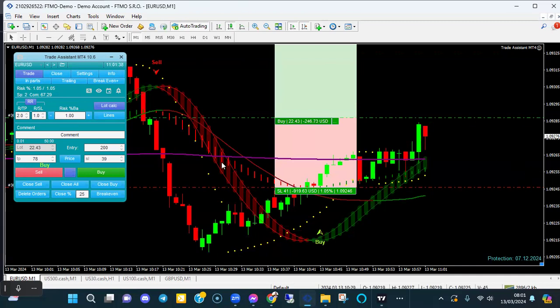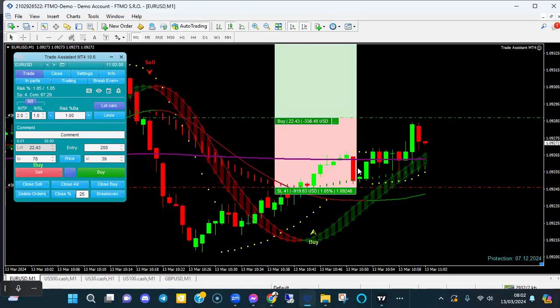Because price is above the purple line now. So when price goes above the purple line, it's an indication that price wants to go higher, a buy trend. When price is underneath the purple line, it's an indication that price wants to go lower, a sell trend. And that's why we have that purple line.